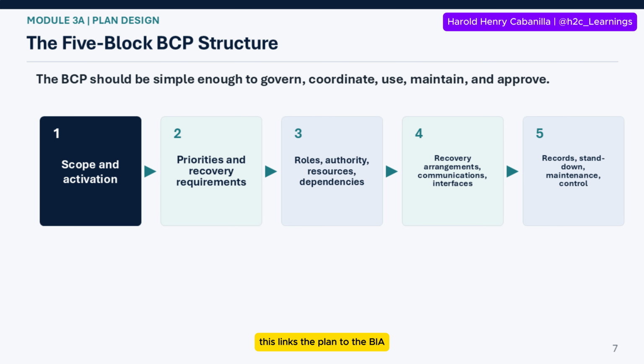This links the plan to the BIA by identifying critical activities, recovery objectives, minimum acceptable capacity, resources, dependencies, and priority logic. The third block is roles, authority, resources, and dependency ownership. This block makes the plan operationally accountable by assigning responsibilities, alternates, decision rights, required resources, dependency owners, and escalation paths.